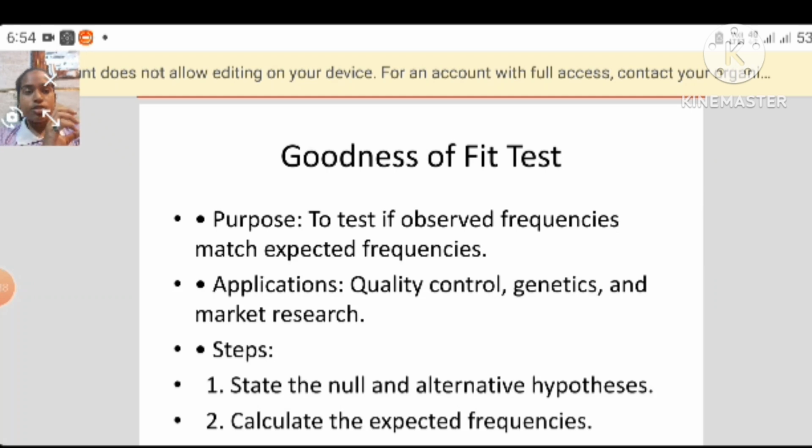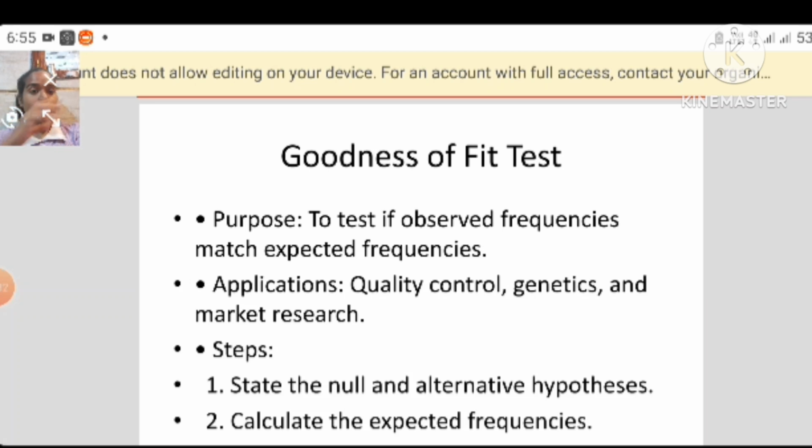Through the name, everyone would have understood it's a kind of test. The purpose is to test if the observed frequencies match the expected frequencies. So if the observed frequency, the given frequency, matches the expected output or not, for that we use the goodness of fit test.